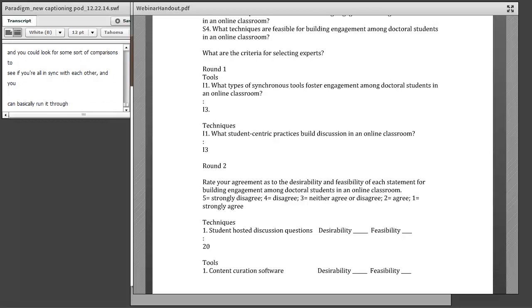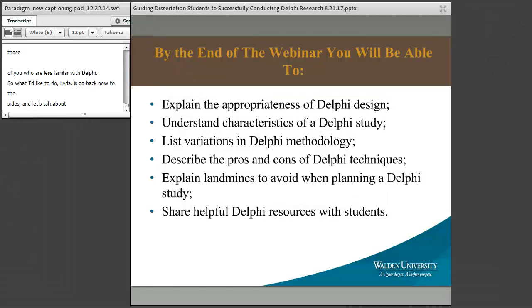Okay, so that's your sort of context for Delphi for those of you who are less familiar with Delphi. So what I'd like to do, Lita, is go back now to the slides, and let's talk about the Delphis. And Mr. Page, I see that I use the term evaluated. There's many different terms that sometimes are used. You could also use the term, the purpose is to build consensus.